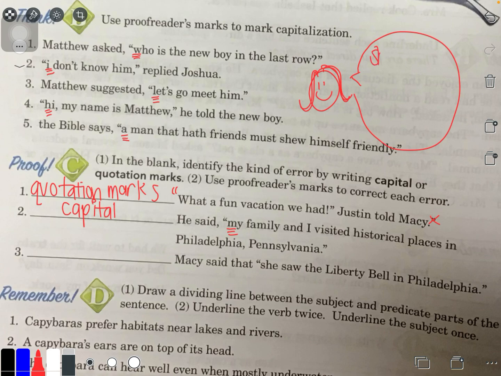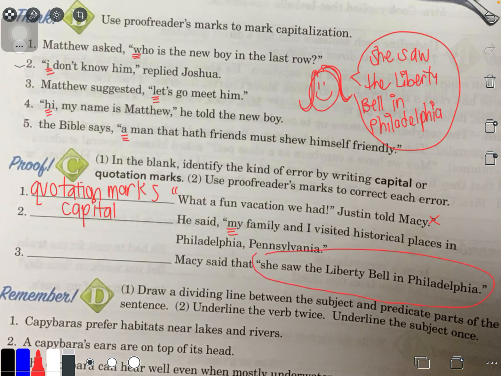In her speech bubble, she's saying she saw the Liberty Bell in Philadelphia. Now, oops. This whole thing here is saying that's what she said exactly. She said she saw the Liberty Bell in Philadelphia.